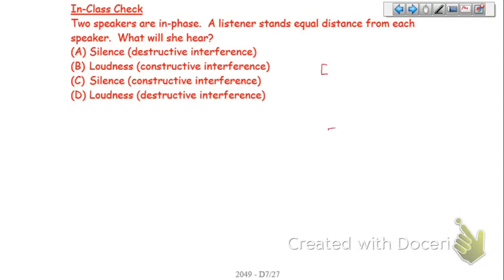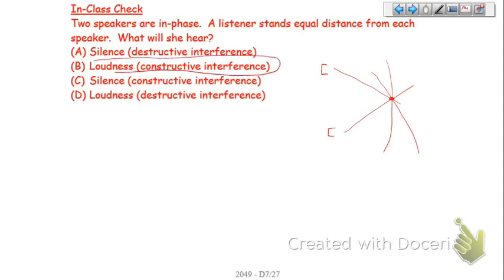If we have a speaker and a speaker, same medium, same type of wave, same speed, same distance traveled in a given time, a crest will arrive with a crest, or a trough will arrive with a trough. I'm going to get constructive interference, and it's going to be loud. So I would get loudness because of constructive interference.